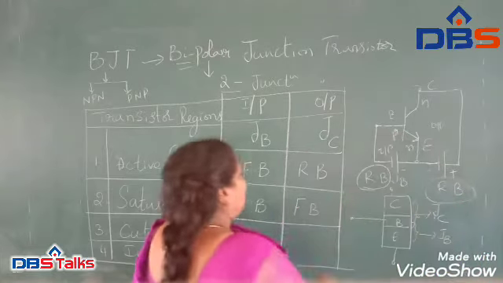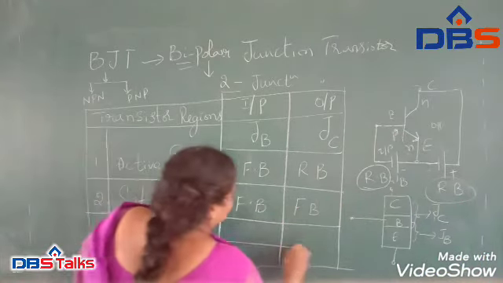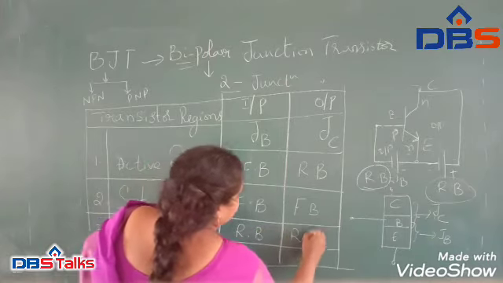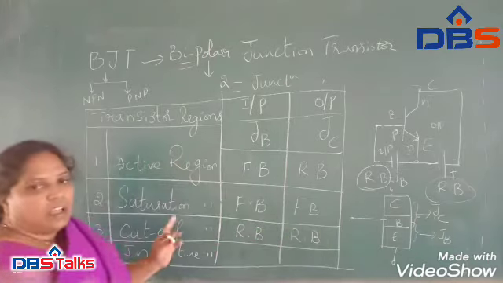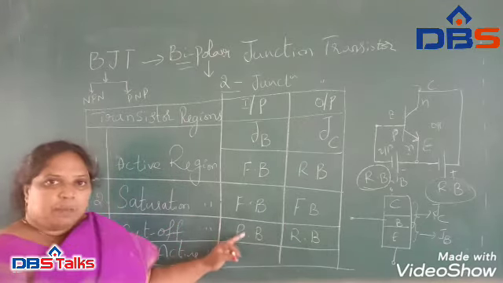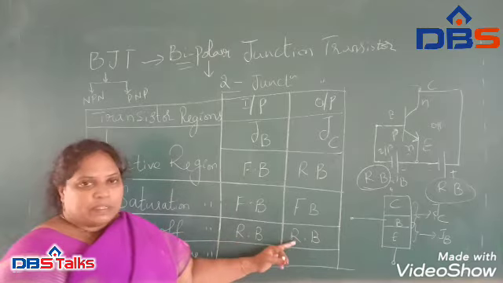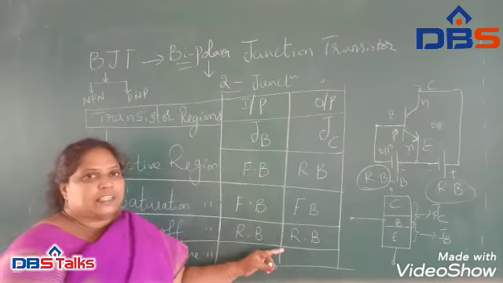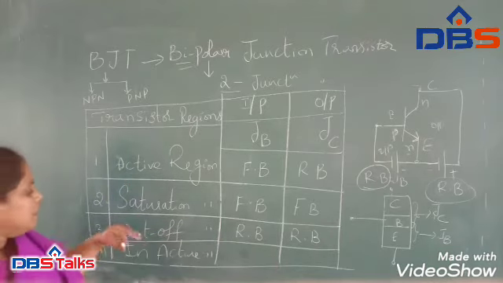When both are in reverse bias condition, it is the cutoff region. That means the input junction and the output junction are both reverse biased. In this condition, the transistor is in the cutoff region.